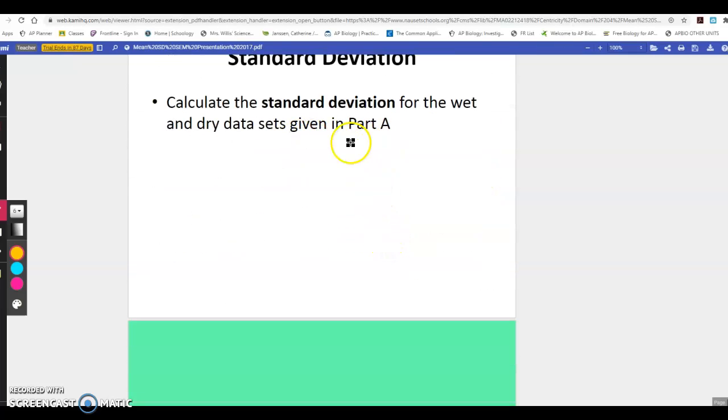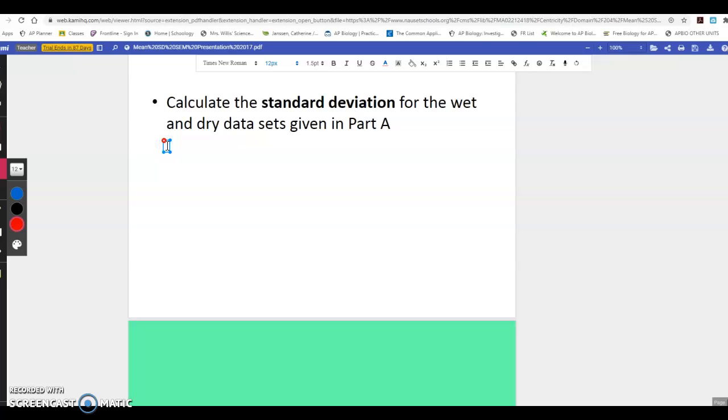So, given our values, let's calculate our standard deviation. I'm going to switch over to text here, but our values were 32, 31, and 30. Okay? To calculate standard deviation in that equation, step one is to find the mean, which we already did. So we know the mean is 31.